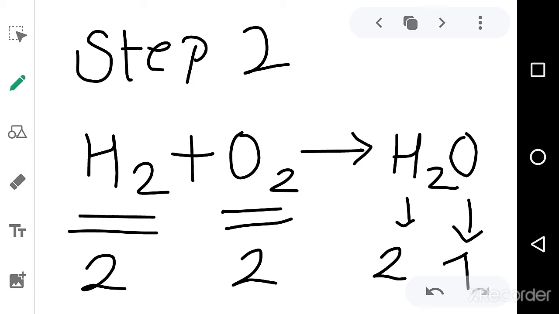Okay, so this is not a balanced reaction because on the reactant side the total is 4 and on the product side the total is 3. This total should be the same. So now step 3 is balancing.